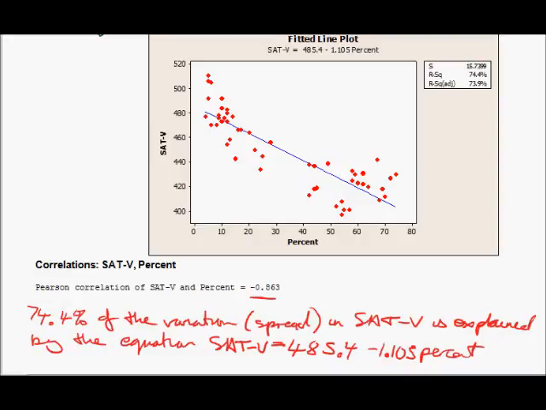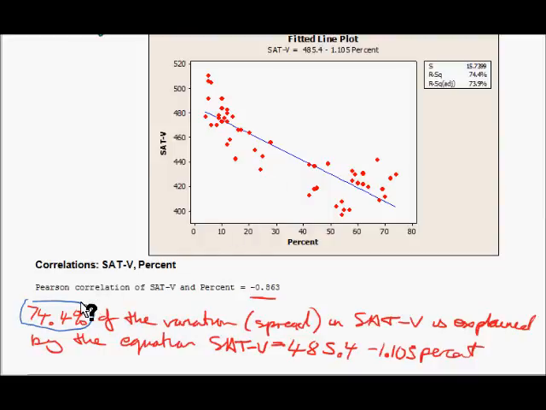So that's what this R squared value of 0.744, 74.4% tells us. That's what this number here tells us. Okay, so that's the second definition.